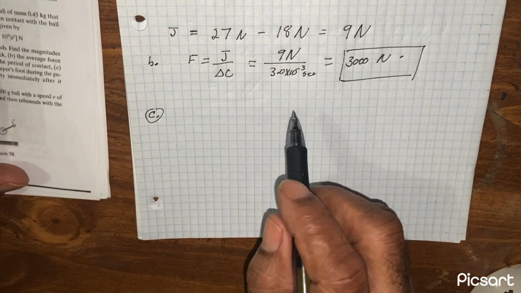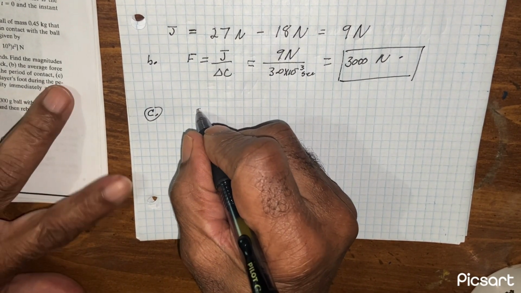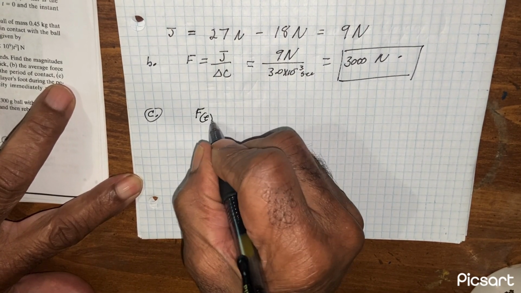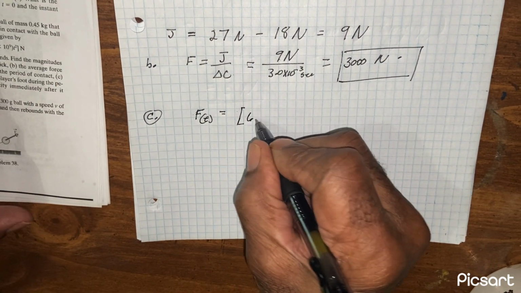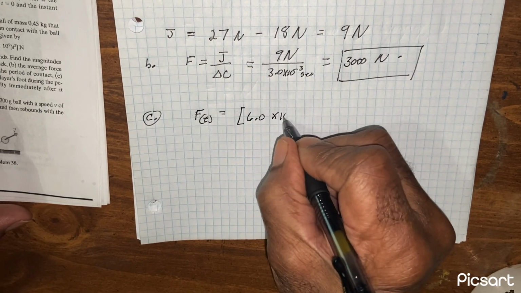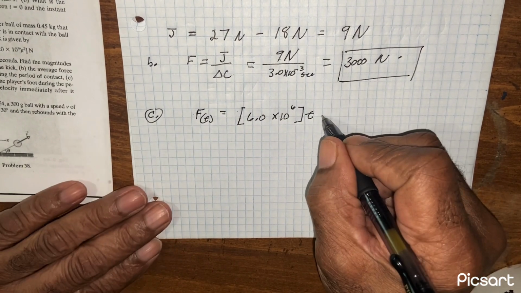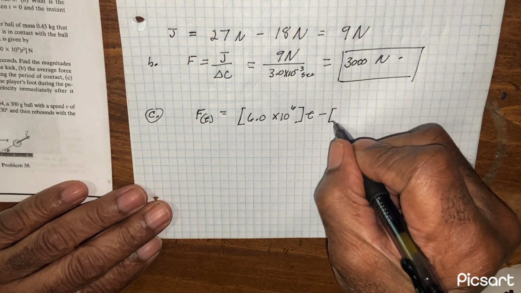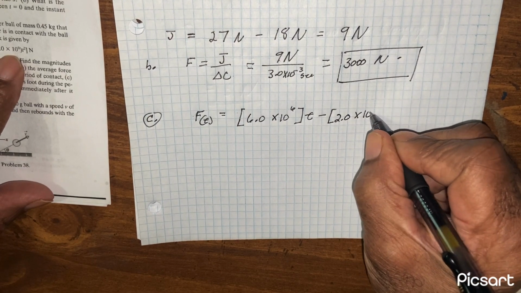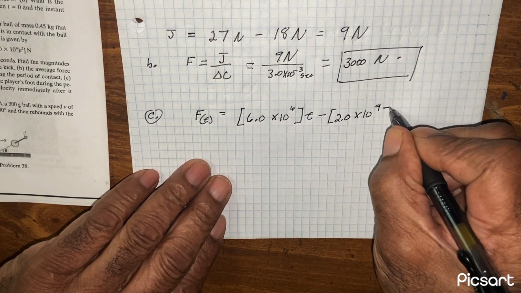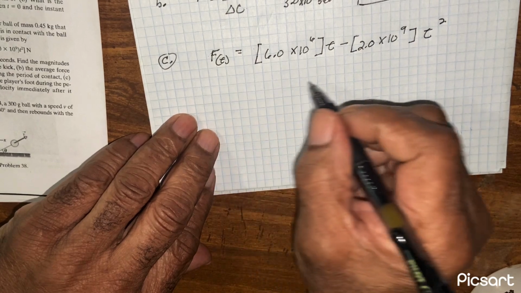So the force is given to us as F of t equal to 6.0 times 10 to the 6 t minus 2.0 times 10 to the 9th t squared. So we'll do a derivative on that.